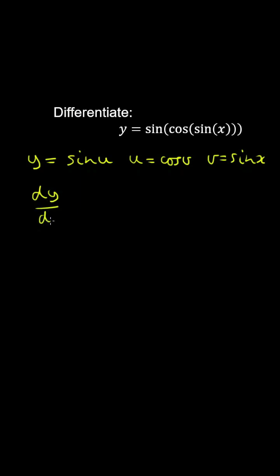Let's differentiate the following composite function using the chain rule. So we have y is equal to sine u, where u is equal to cosine v, and v equals sine x. And therefore by the chain rule, dy dx is equal to dy du by du dv by dv dx.